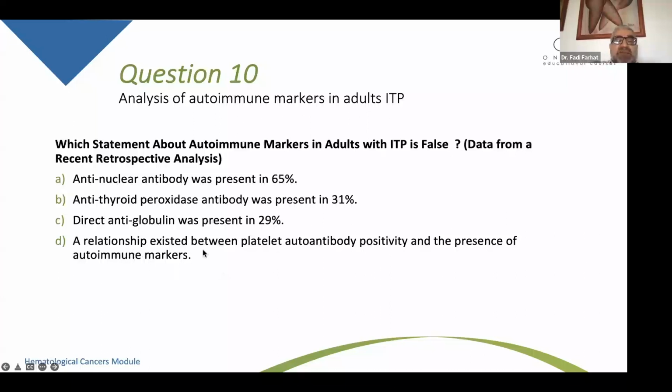A relationship existed between platelet autoantibody positivity and the presence of autoimmune markers. Remember, this is from the presentation of Dr. Khalid Ibrahim. Direct antiglobulin was present in 29%, antithyroid peroxidase 31%, and ANA 65%. And a relation existed between platelet autoantibody positivity and the presence of autoimmune markers.